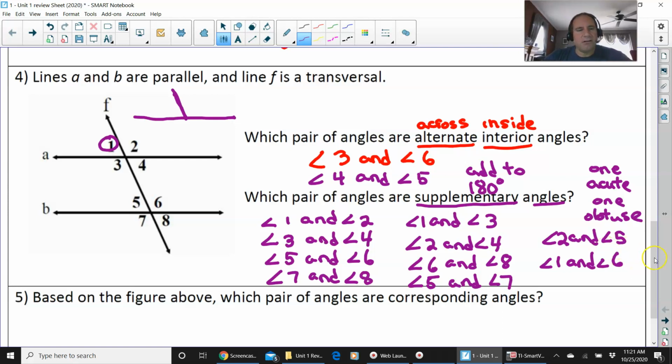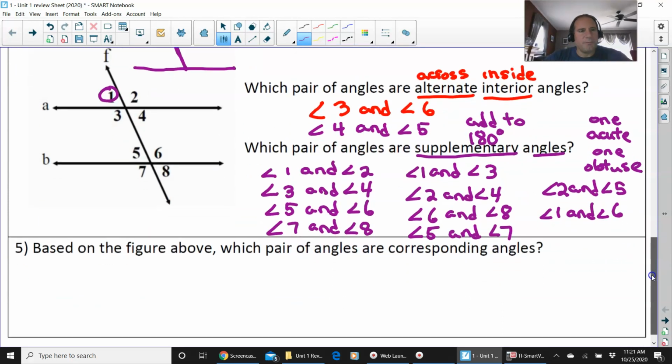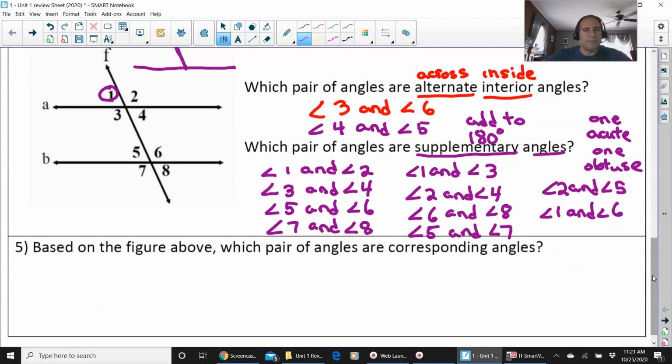So based on the figure above, this is number 5. That's the figure above right here. Which pair of angles are corresponding angles? Corresponding, just to remind you, are in the same location.